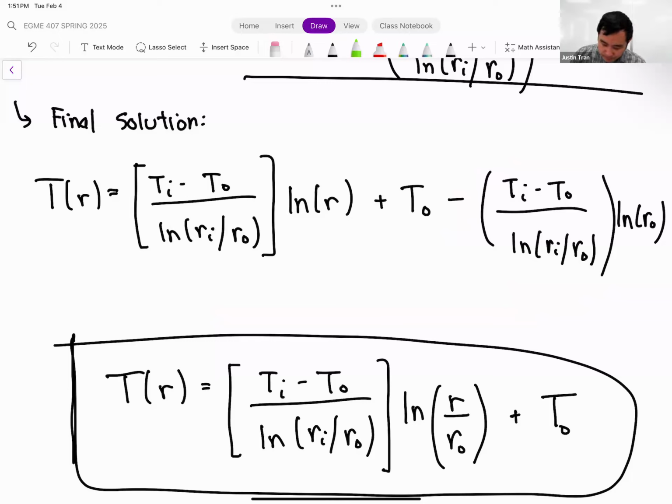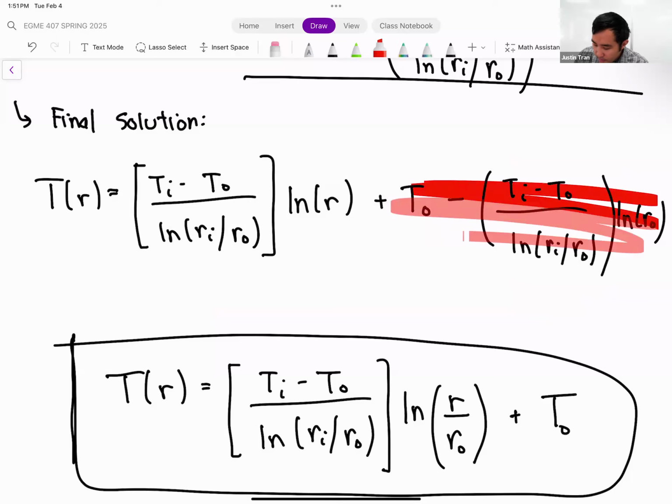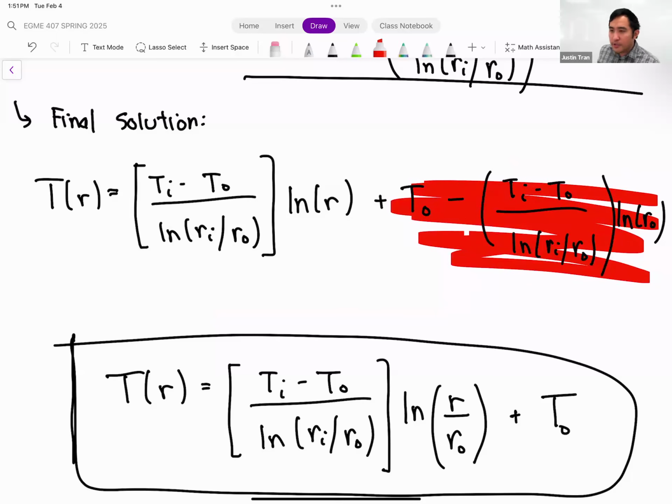To take the derivative, I'm not going to use the box solution here. I'm going to use this solution first, because it becomes a little easier to take the derivative. It's the same function, but it's easier to visualize. When you take the derivative with respect to r, all of our C2 terms, all these terms that I've highlighted in red here, are just constants.